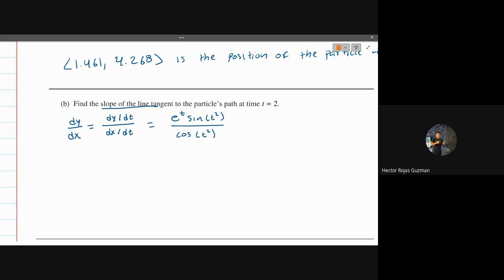Now all we got to do is plug in the 2 using a calculator. You are not going to find the derivative. This is the derivative already. Just go ahead and plug in the 2. dy dx at t is equal to 2 equals 8.555. That's the slope of the tangent line.